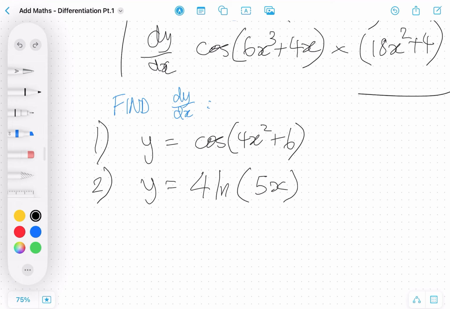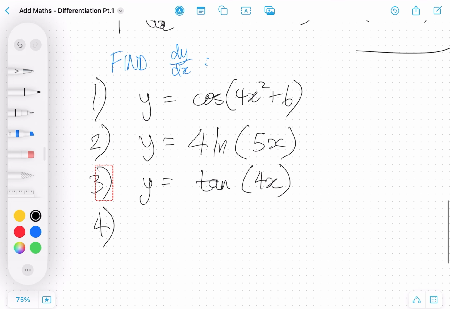So what you basically do is differentiate ln 5x first, and then just multiply that by 4. Number 3 is to find the derivative of y equals tan of 4x.